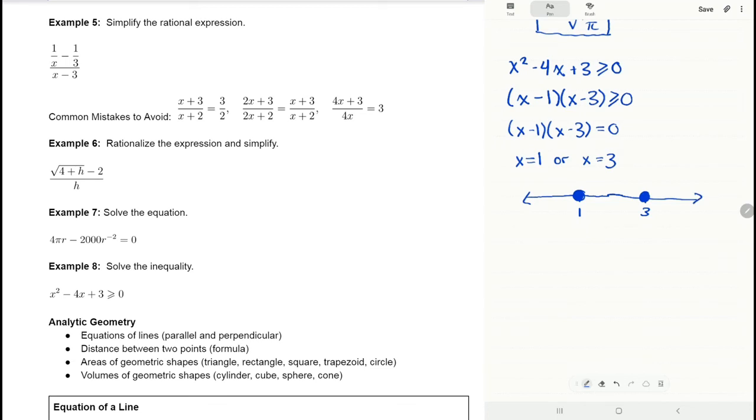And now what we want to do is test within each of these intervals to see where the quadratic is positive. So what we want to do is choose a number between negative infinity and positive 1. For example, we can choose 0.